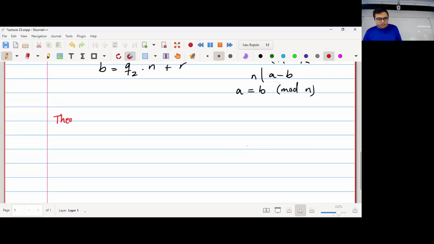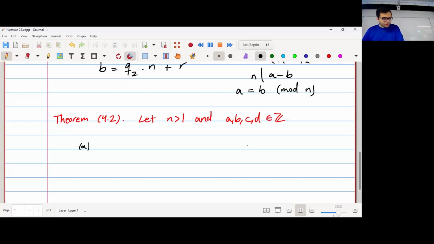So this is another theorem. I think this is theorem 4.2 in the book. It says this. Suppose that I have some integer n greater than 1, and let's say I have a bunch of other integers a, b, c, d. So we have these properties.